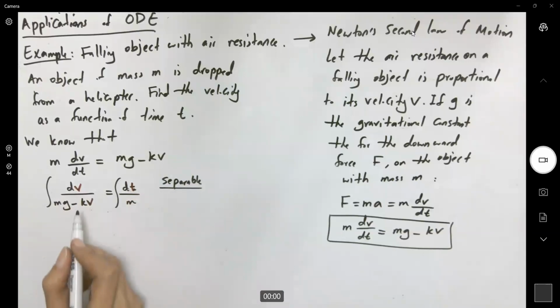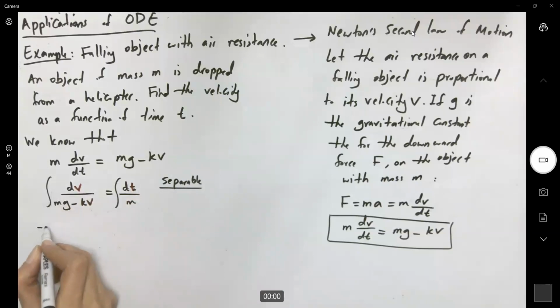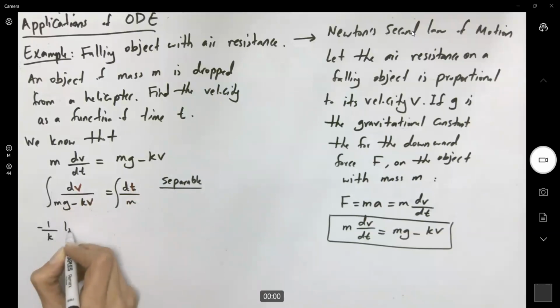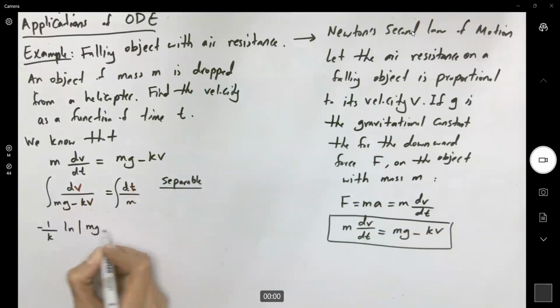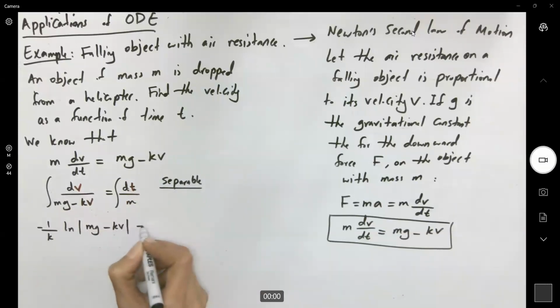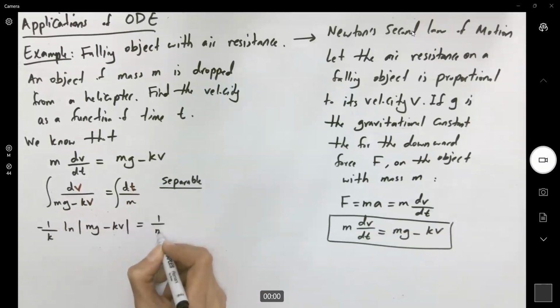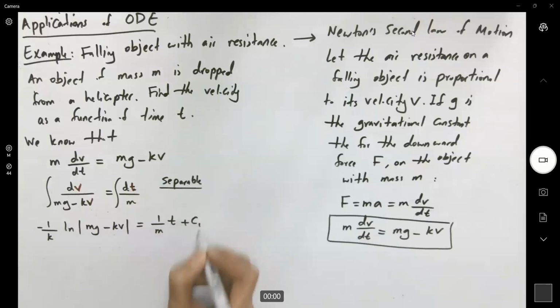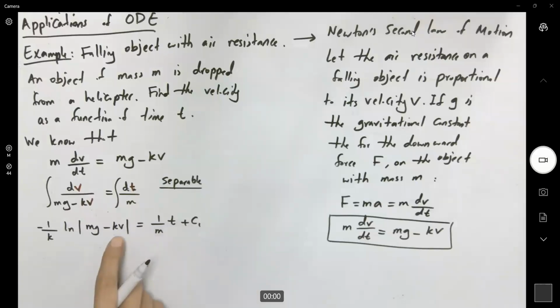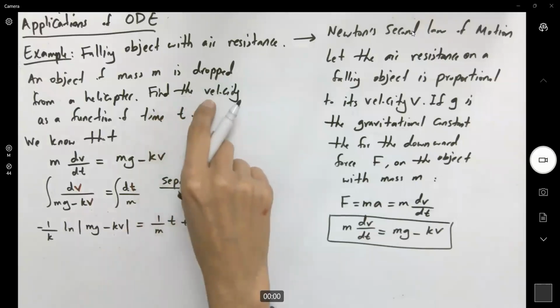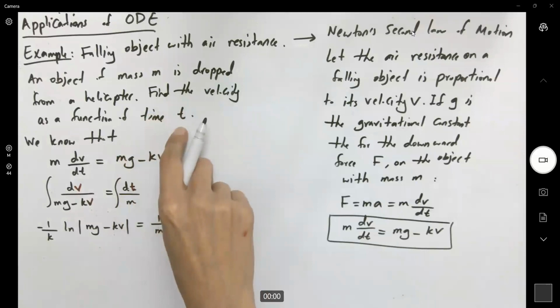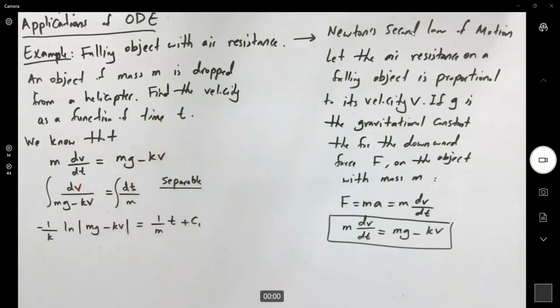So first of all, here you get negative 1 over k ln of absolute value of mg minus kv equals 1 over m t plus c sub 1. Well, now let's check to see if you can isolate v on one side, because the question says find the velocity v as a function of time t. So let's multiply everything by negative k.